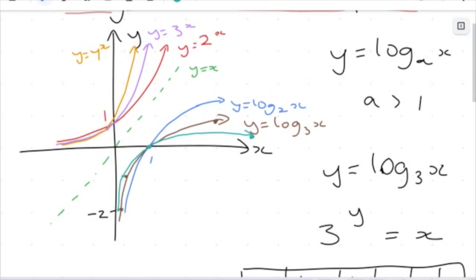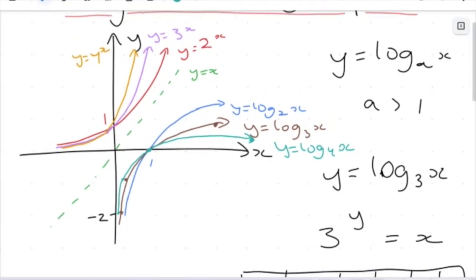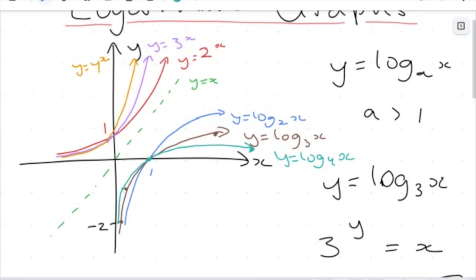It's just going to look a lot more shallow, I guess, from these bits that go out here. And once I draw this in, y equals log to the base 4 of x, I can see something happening again. If we turn our heads, we can see this idea of inverse functions again. We can see a perfect reflection along the line of y equals x of my graph here and my graph over here, this blue graph down the bottom there.